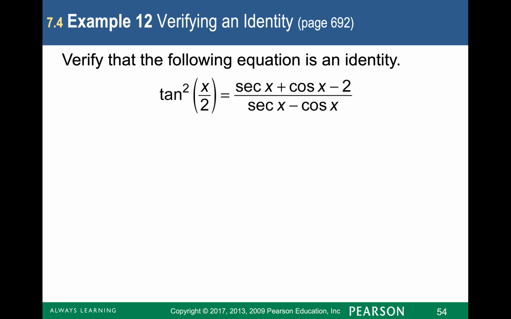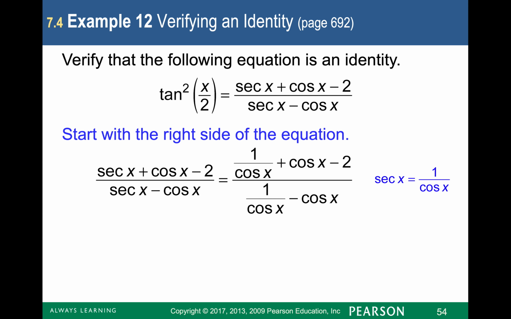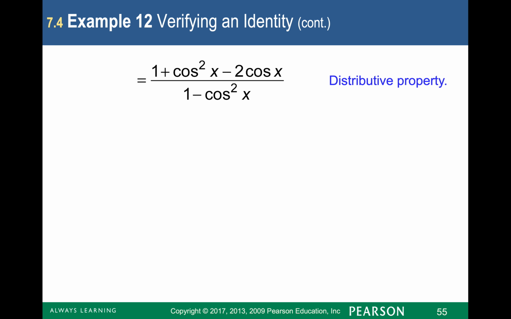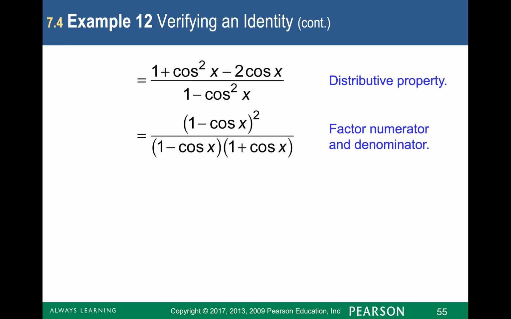Now, if I want to verify that something is an identity, I'm going to start with the right-hand side of the equation and try to turn it into what's on the left. The first thing that I like to do is to always rewrite things in terms of sine and cosine, which I did. Then I'm going to work towards getting them combined into one fraction. Once I'm here, I can start looking at what I can do to get to something I can simplify.